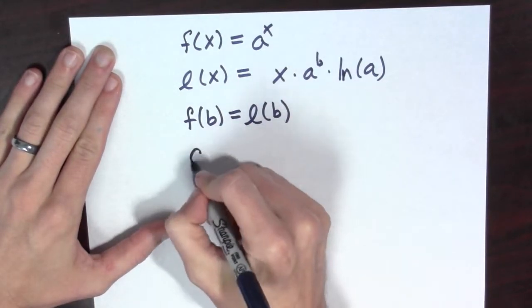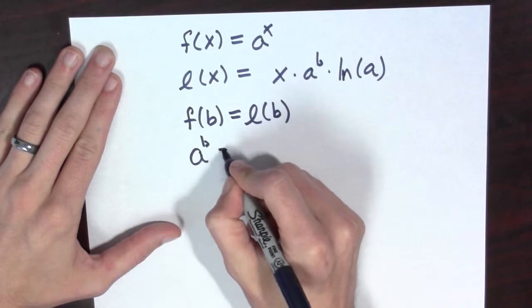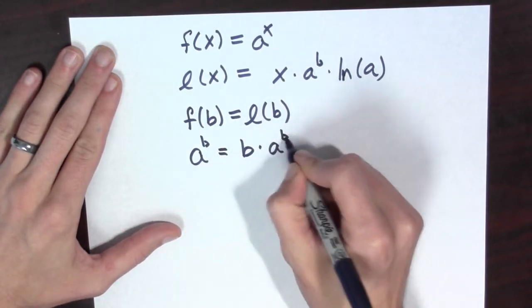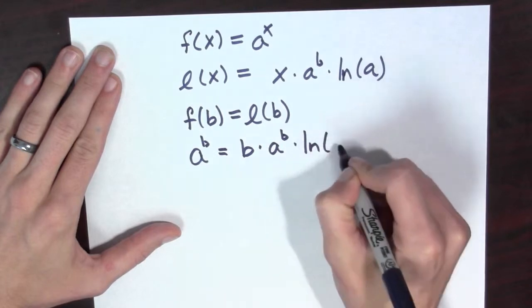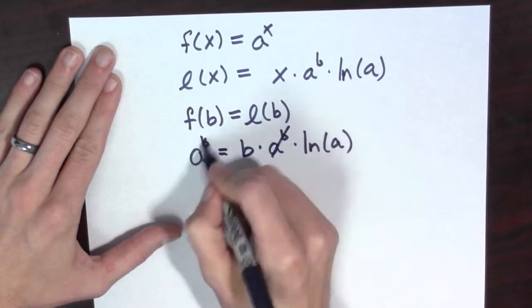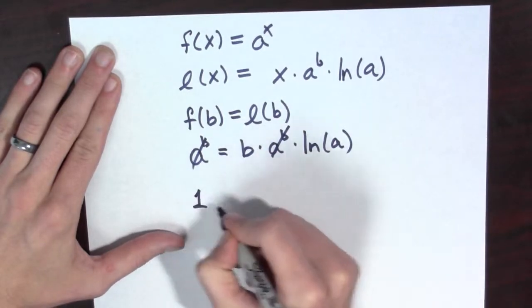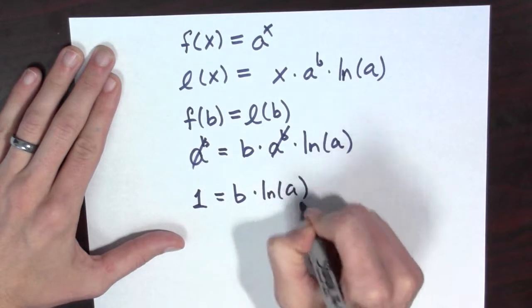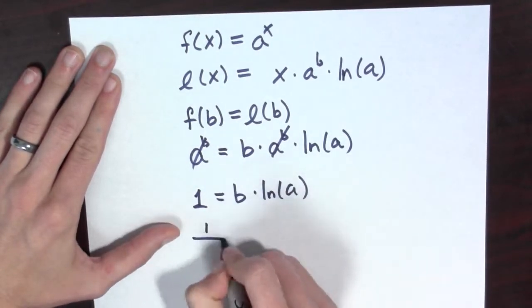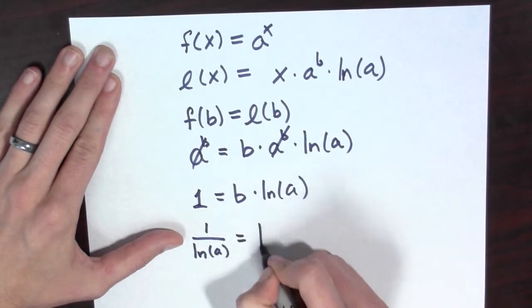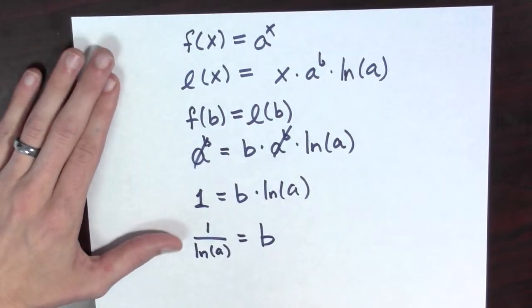So a to the b had better equal b times a to the b times natural log of a. Well, wait a second. I can cancel this, and I get 1 equals b times natural log of a, which means that 1 over natural log of a is equal to b.